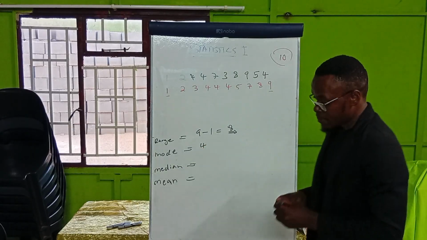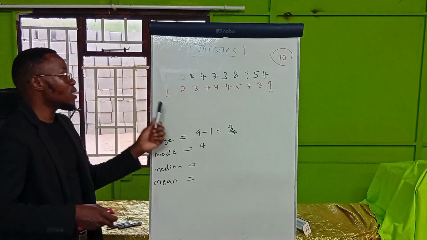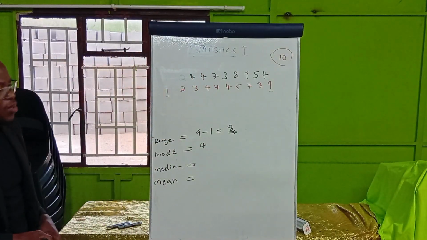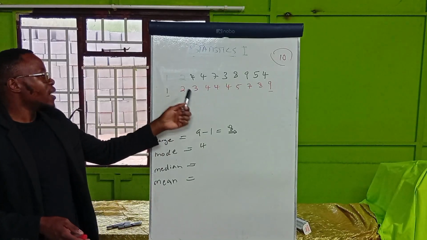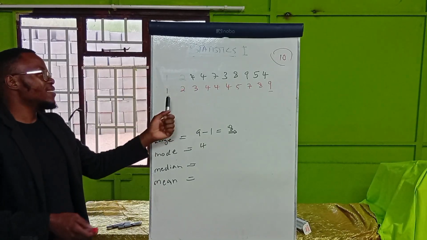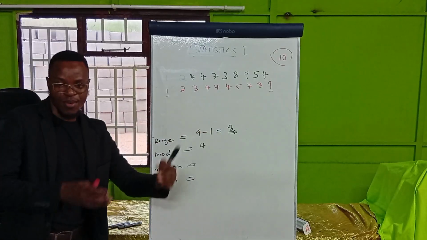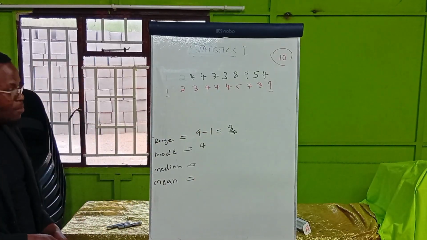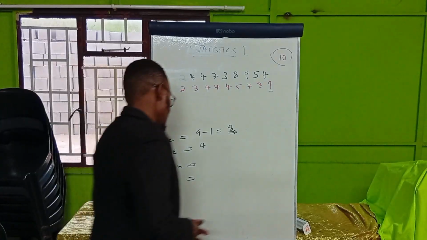Now I should mention that sometimes you can have more than one mode, depending on how the data appears to be. So for instance, if I had three 3s and three 4s, then 3 and 4 would be the modes.